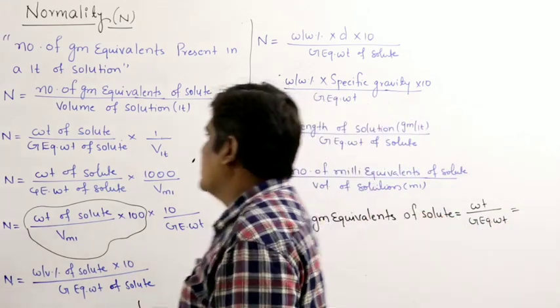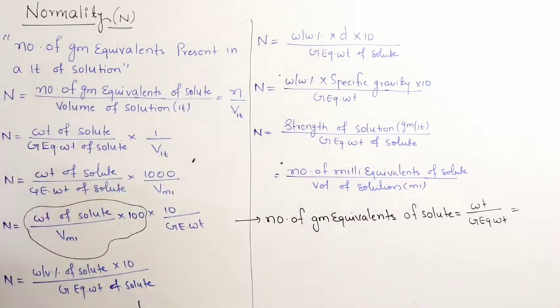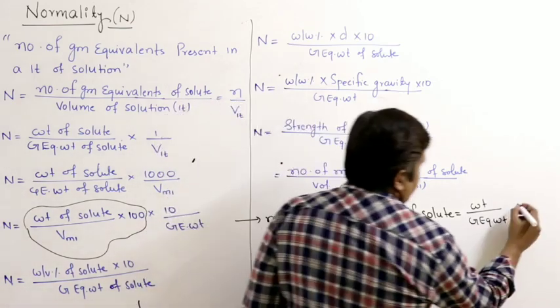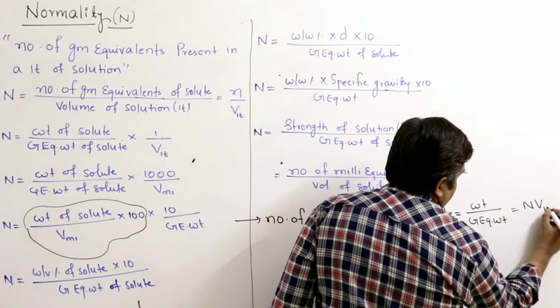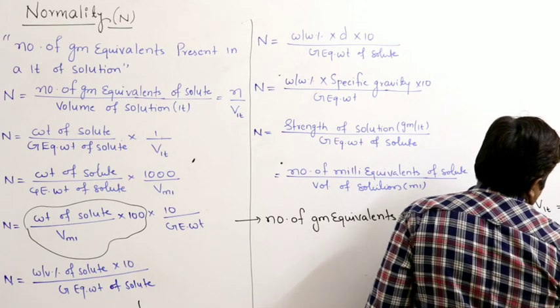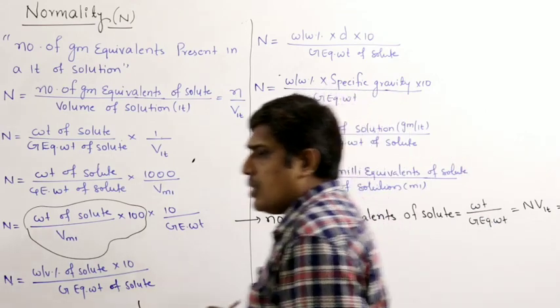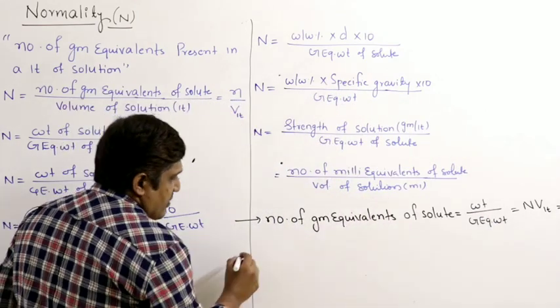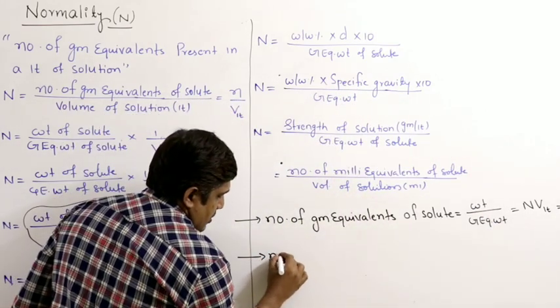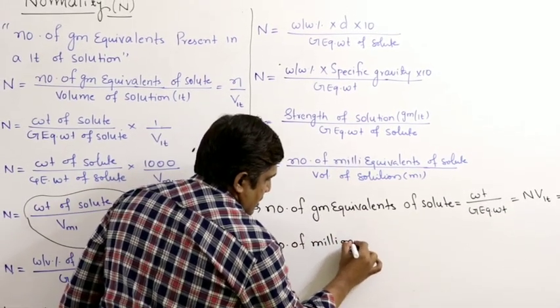So from this equation, what is weight by gram equivalent weight? N into V in liters. So this is equal to N into V in liters. If volume is given in ml, N into V in ml by 1000. Or you can directly find number of milligram equivalents.